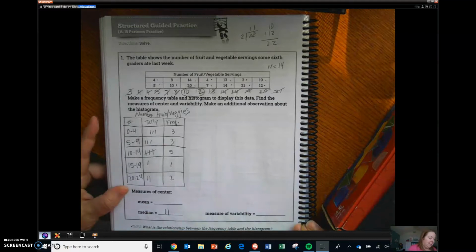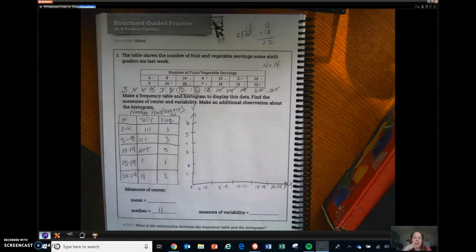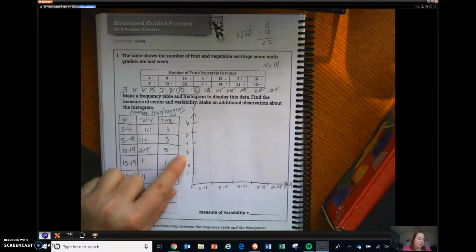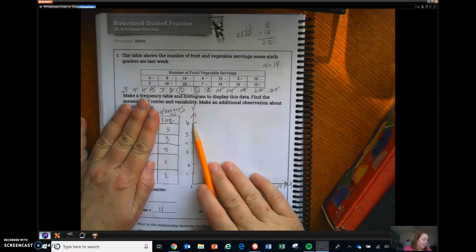The next step is to make the histogram. See if you can do that on your own, and I'll meet you right back here in just a minute. Okay, I'm back. So remember, the Y is the frequencies, so you're just copying right out of here. I went from 0 up to 6.